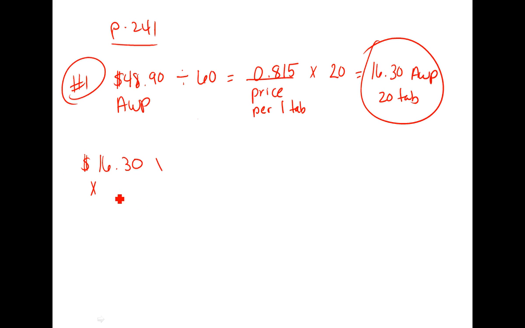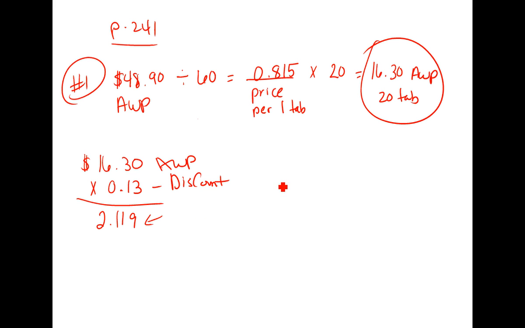I like to do below because that's the way I was taught years ago. So times 13%, which is the discount. This is your AWP. That's going to equal $2.12 really, but we're going to keep it out and round at the very end. So that's your less 13%.